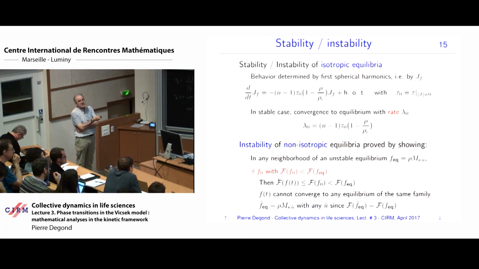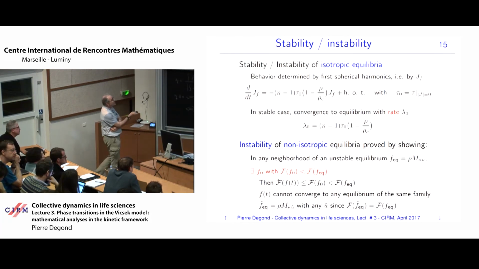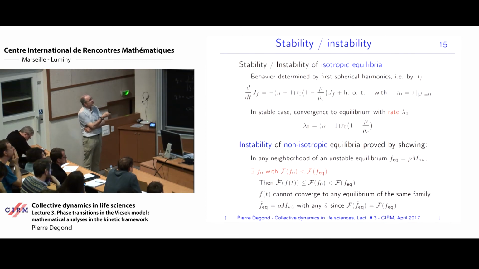In the non-isotropic equilibria, you do two things. First of all, the instability in the case of a decreasing curve is very easy to prove, because you can find, in the neighborhood of any unstable equilibrium, somebody that has a lower free energy, right?